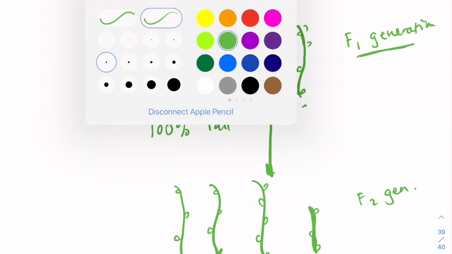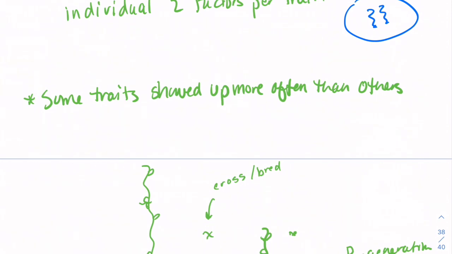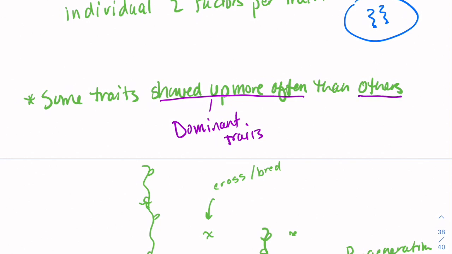So we need some new vocabulary here, because nobody's ever talked about this stuff before. Some traits that show up more often, he called dominant traits. And the other ones, you probably know this word, recessive. Dominant traits hide or mask expression of the recessive trait.